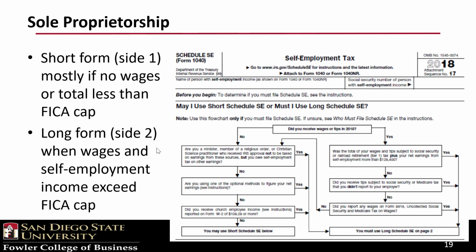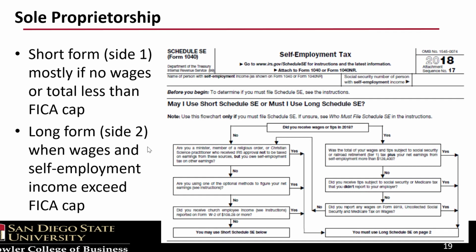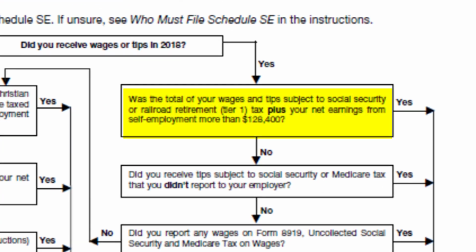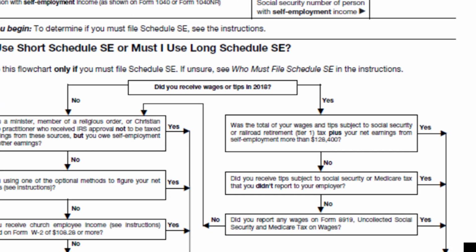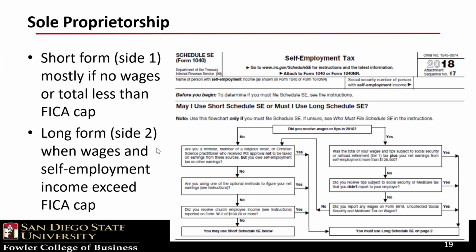Self-employment taxes are reported on Schedule SE, which has both a long version and a short version. The long version is for a taxpayer with both wages and self-employment income that exceeds the FICA cap, so that more than the maximum amount of Social Security tax would not be charged.